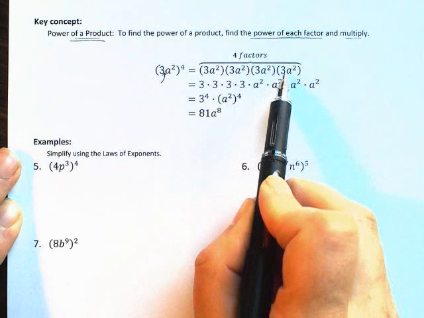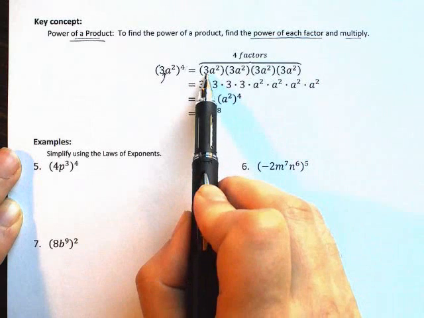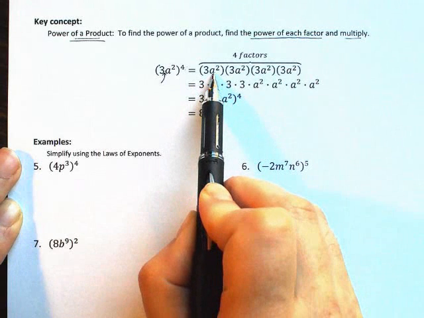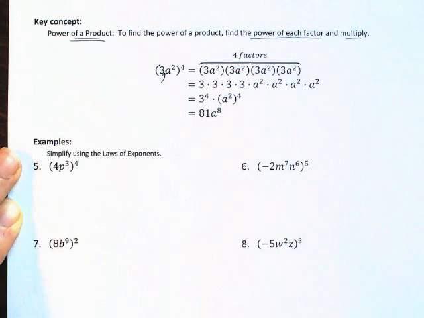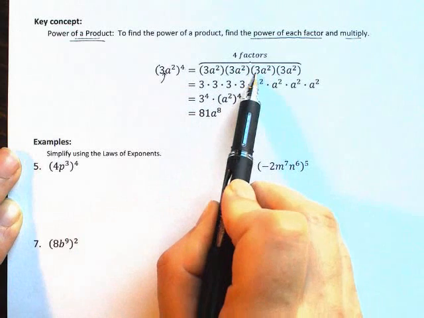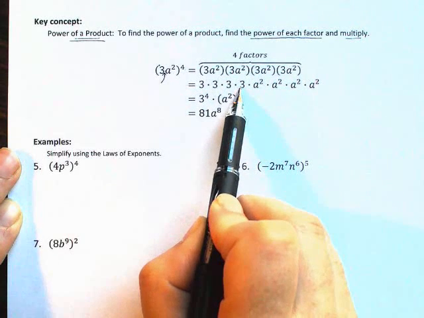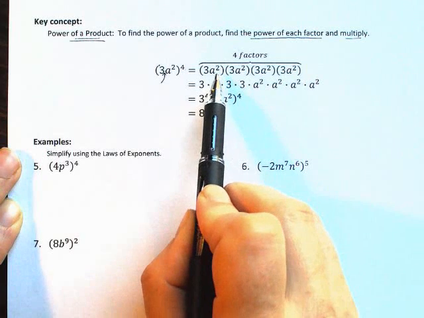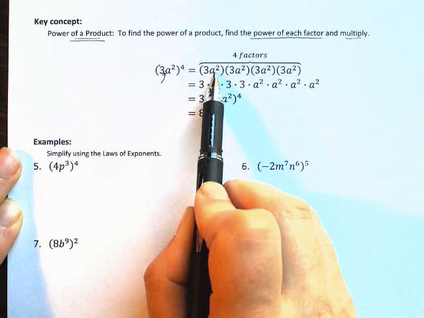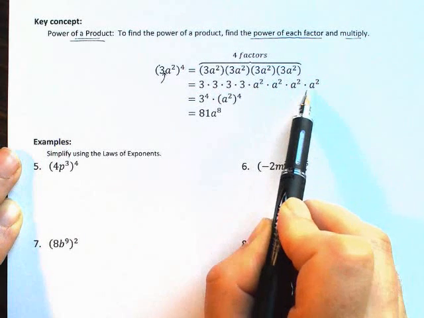And then to aid in actually finding the answer, we can apply the commutative property of multiplication, which says if you have a whole bunch of things all being multiplied together, it doesn't matter in which order you multiply them. And so I've separated out all the coefficients of 3 and put those first in my multiplication problem, and then separated out all of the a squareds and listed those next.